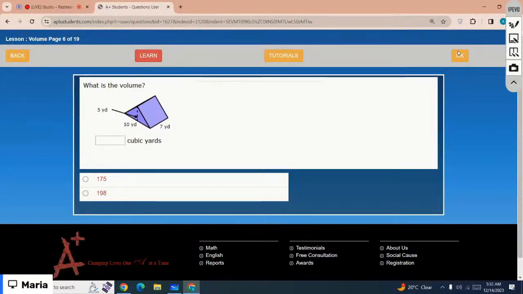Half times base times height times length. So the correct option is 175, right? Very good.